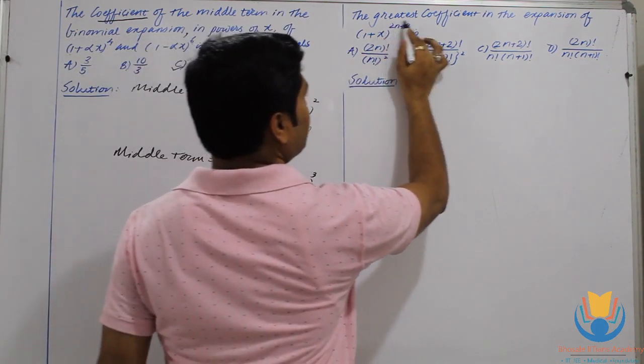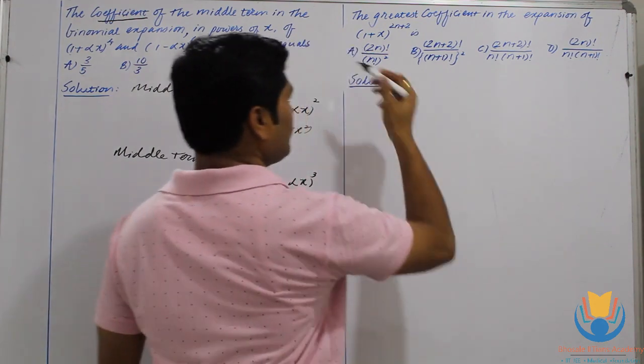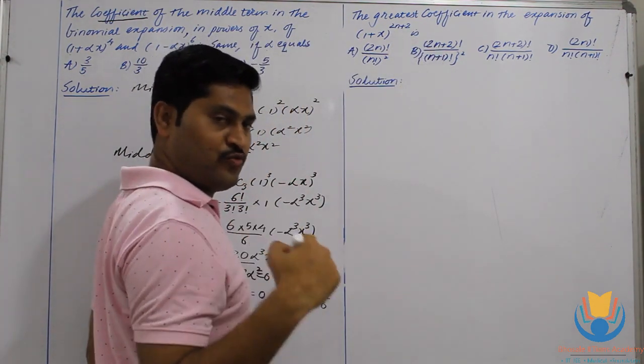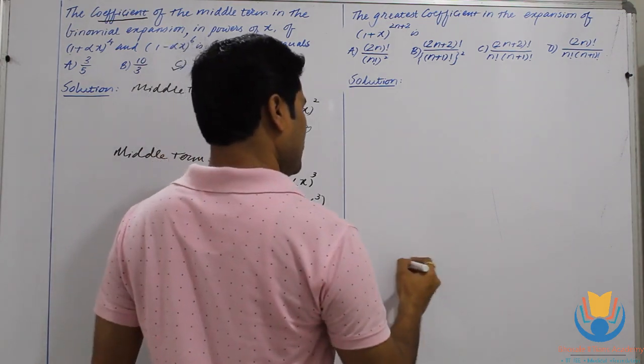Again, we have to find the greatest coefficient in the expansion of (1 plus x) whole raised to 2n plus 2. For that we have two formulae, so I'll write those two formulae here.